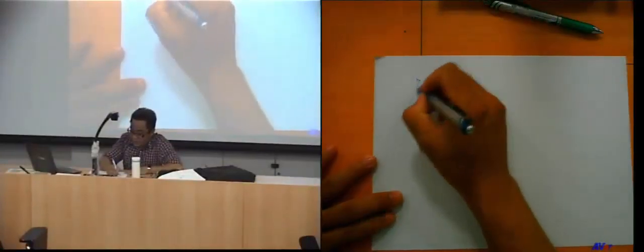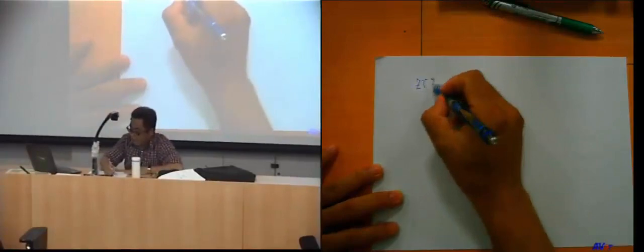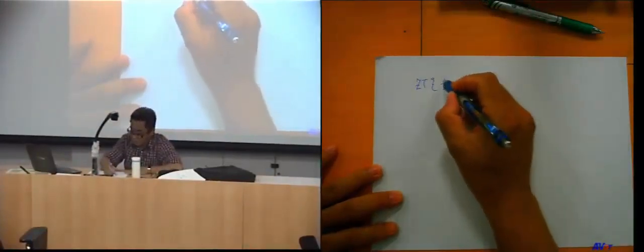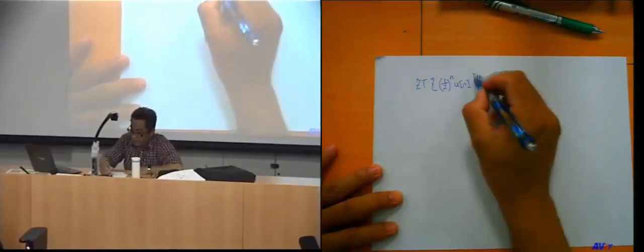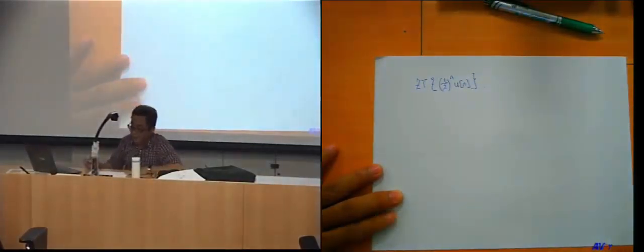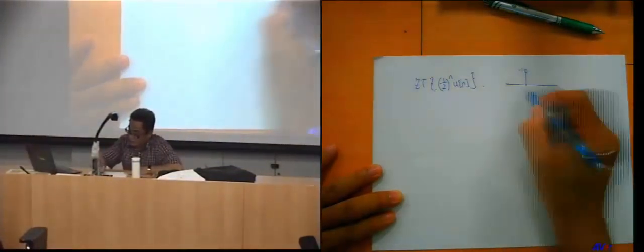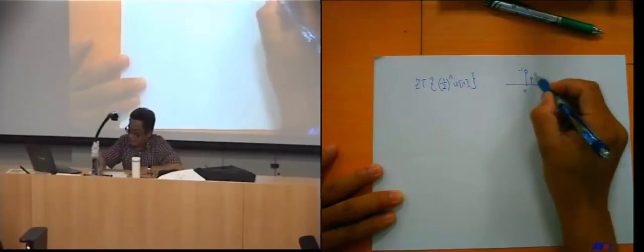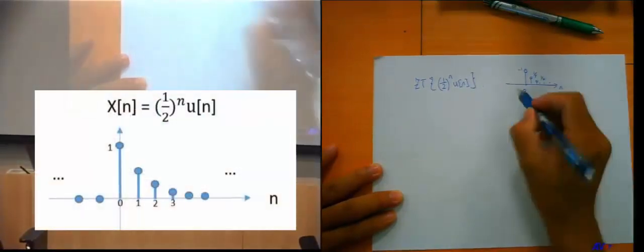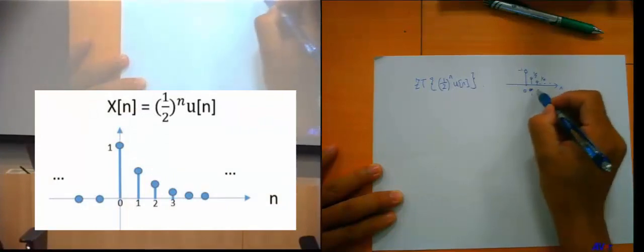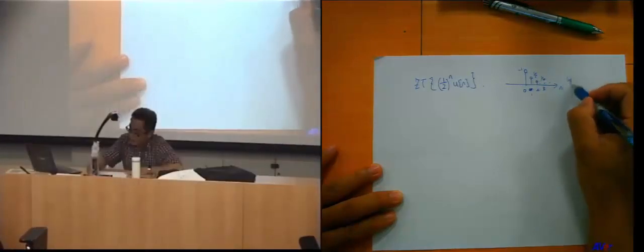We have the Z transform of half to the n, u of n. And half to the n u of n looks like 1, half, 1/4, and so on. Agree? And this sequence goes to infinite length.